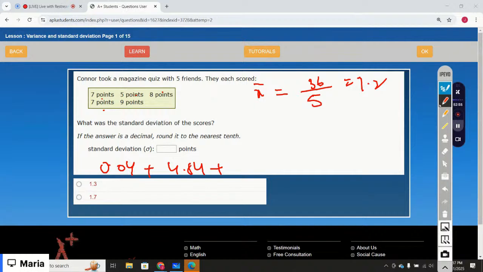Then 8 minus 7.2 is 0.8 and 0.8 square equals 0.64. Then again 7 minus 7.2 is 0.2, that is 0.04, and the last one is 9 minus 7.2, that is 1.8, and 1.8 square equals 3.24. Just add them all.